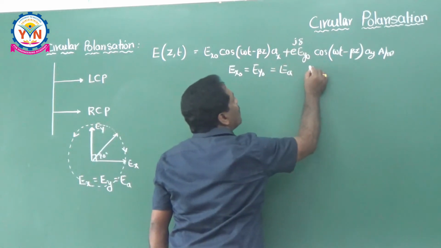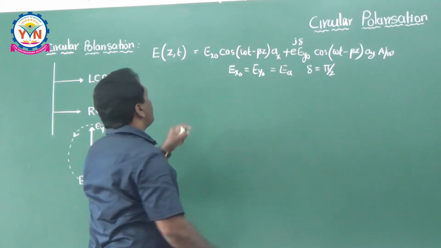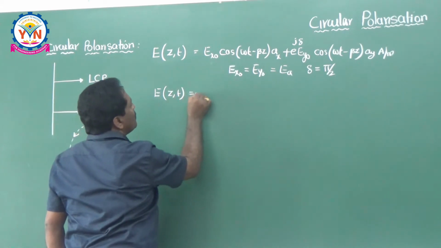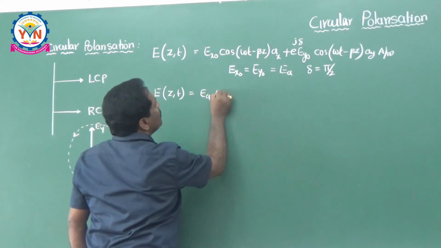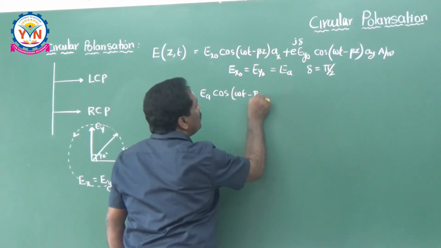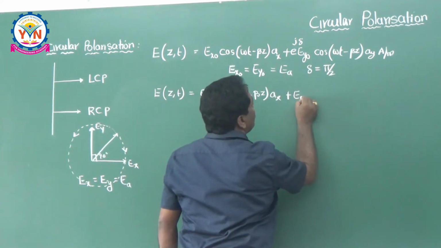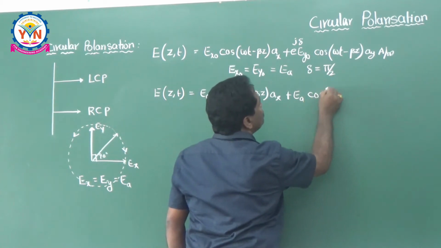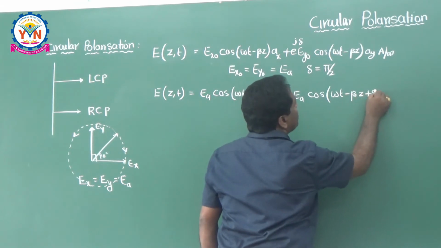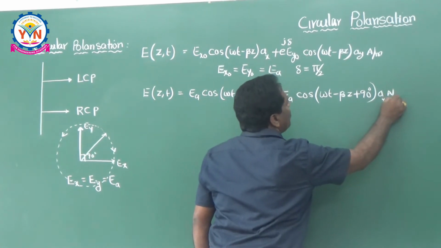If you take delta equal to pi by 2, meaning 90 degrees, then the above equation becomes E of z comma t equals Ea cos of omega t minus beta z into Ax plus Ey naught, meaning Ea, cos of omega t minus beta z plus 90 degrees, because the phase difference is 90 here, into Ay amperes per meter.